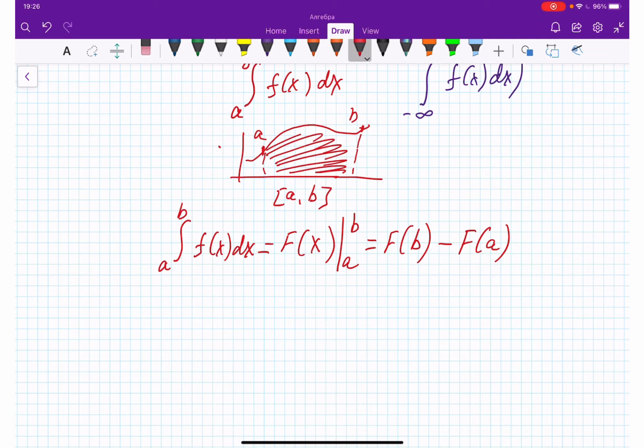Does a definite integral always exist? No, not always. Let's bring an example where a definite integral does not exist.